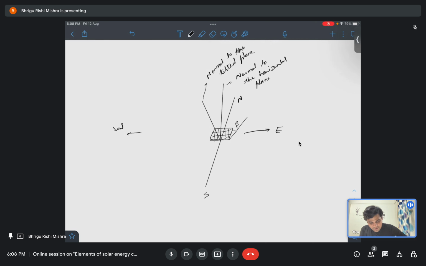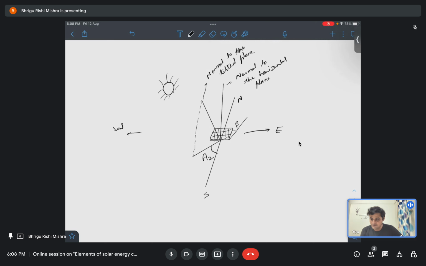So for example, the sun is here somewhere. Also say the projection of the normal of this tilted plane on the horizontal plane. It will look like this, and this angle is called the azimuthal angle or surface azimuthal angle.